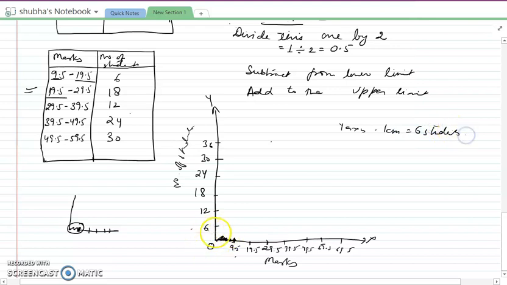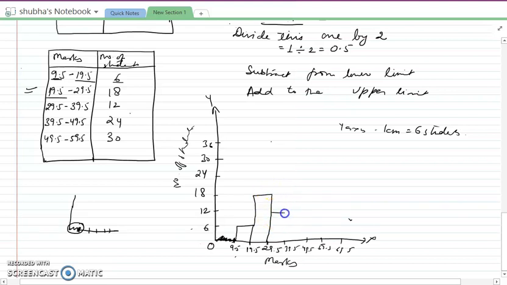Now how do we make the histogram then? From 9.5 to 19.5 the frequency is 6. We don't have to draw from 0; we draw from 9.5 to 19.5. Then 18. For the rest you have to use a scale. I'm not using a scale, so please don't laugh at my lines. You must not draw wrongly; you have to draw correctly, because I'm unable to use a scale here.